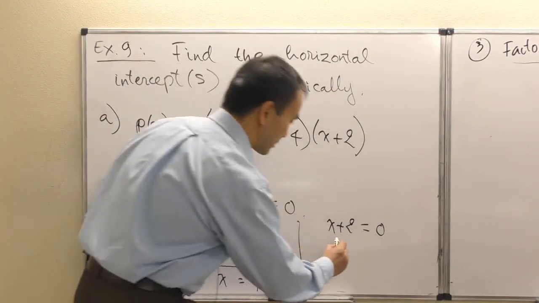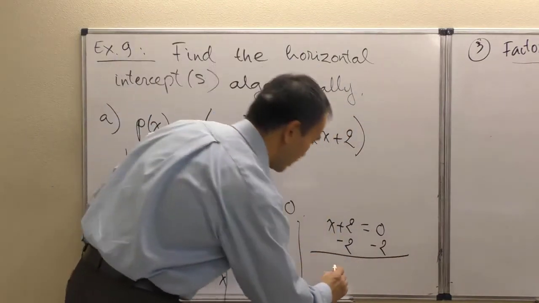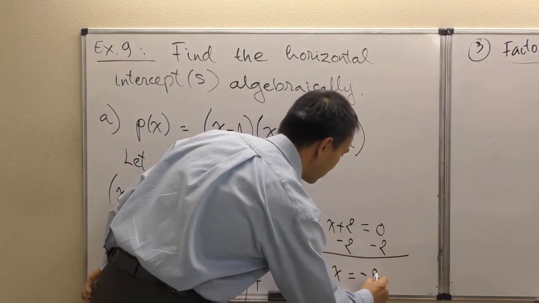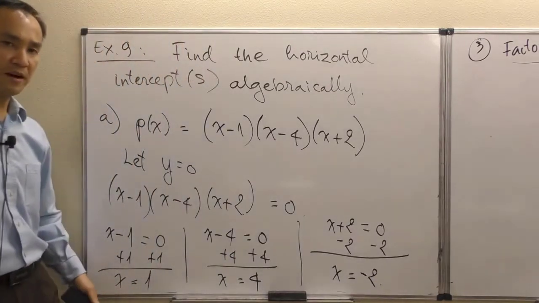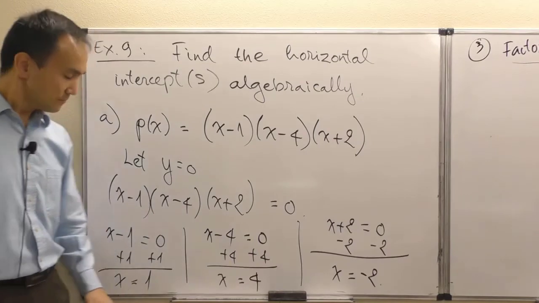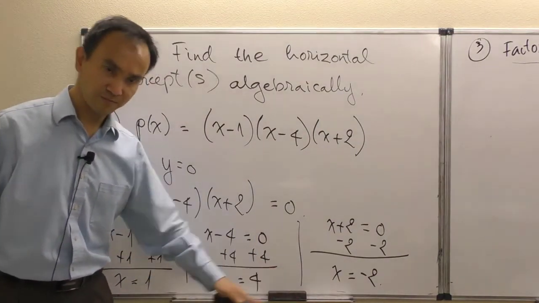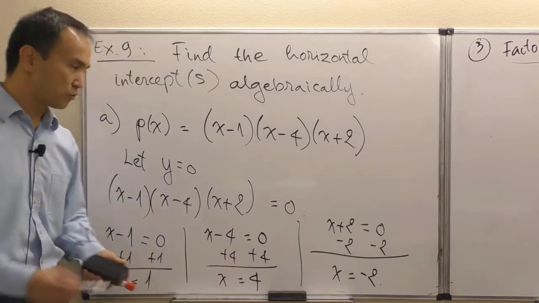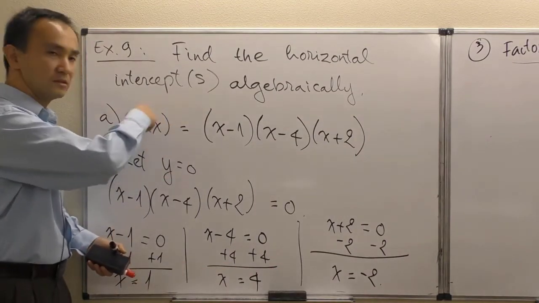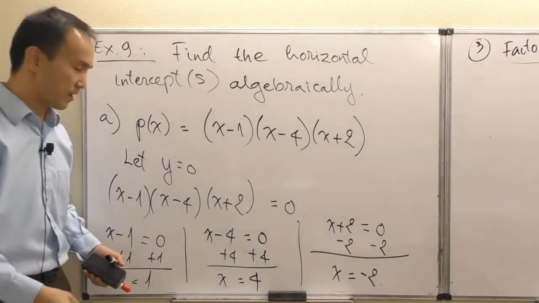Subtracting 2 from both sides, x equals negative 2. Now we found 3 separate horizontal intercepts. Any one of these 3 values can cause the polynomial in factor product form to equal 0.